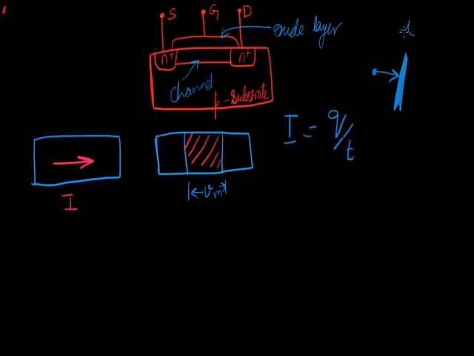Suppose this is your eye. This one electron hitting this place in 1 second constitutes Q, the charge of the electron, per 1 second. So that's your current. Alright?